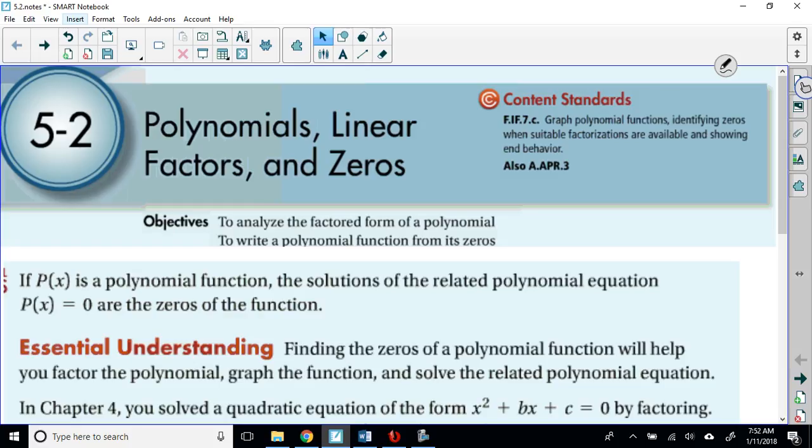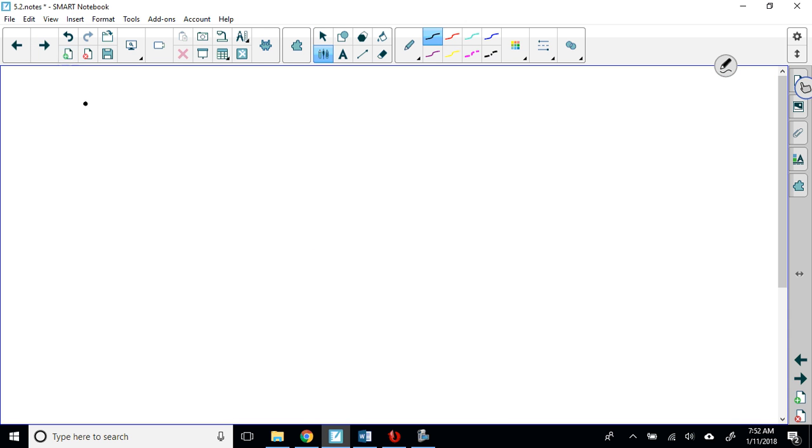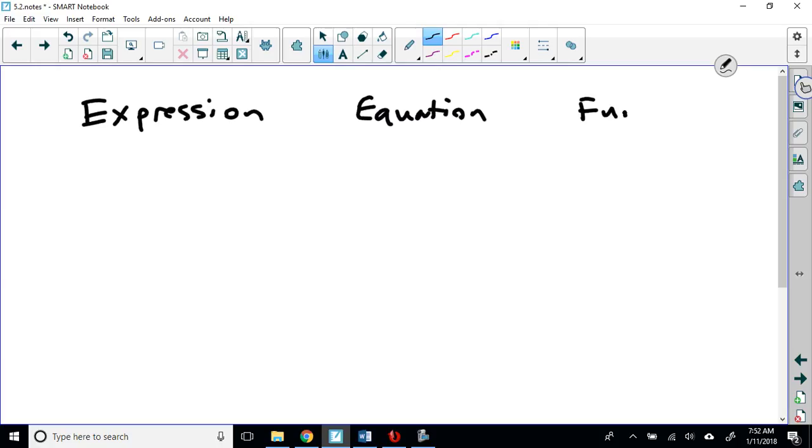But to get the gist of this lesson, you really need to understand the difference between three things. Those three things are not in the book's notes, but one of them is an expression. You need to understand the difference between an expression and an equation and a function.